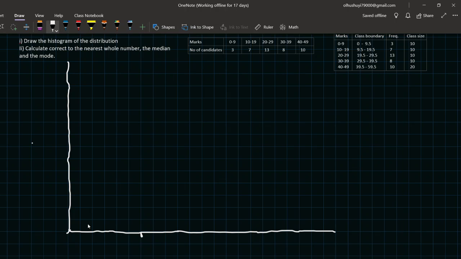So 2 boxes, 5 centimeter, 3, 15. Then 5, 10. So 4 boxes, 10. That is for the y-axis. For the x-axis, I have 10 centimeter represent 1 unit.